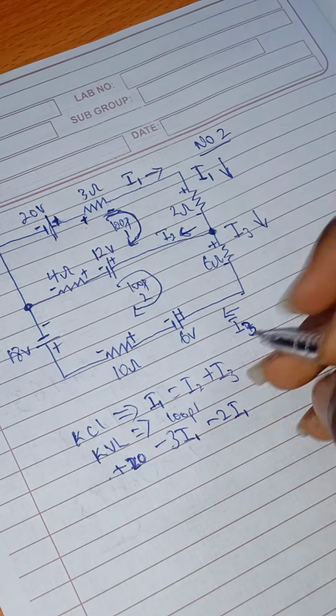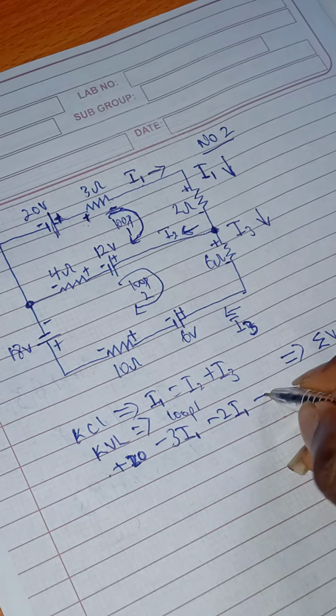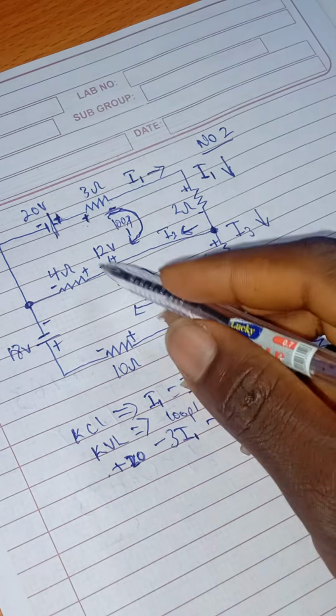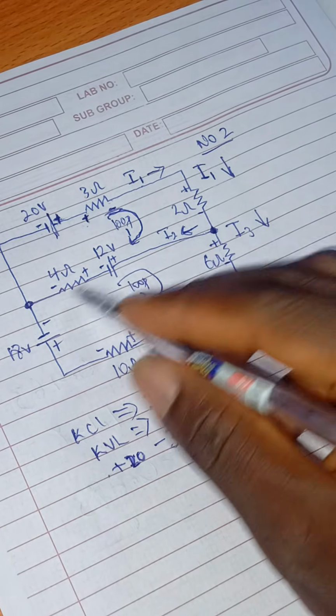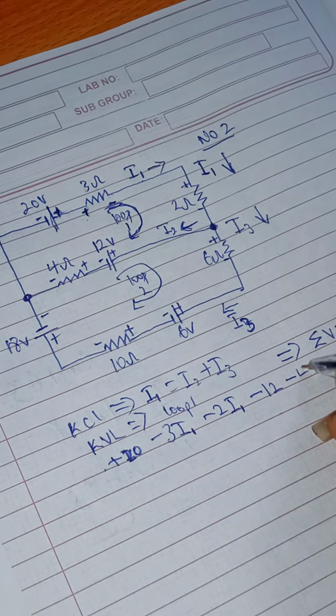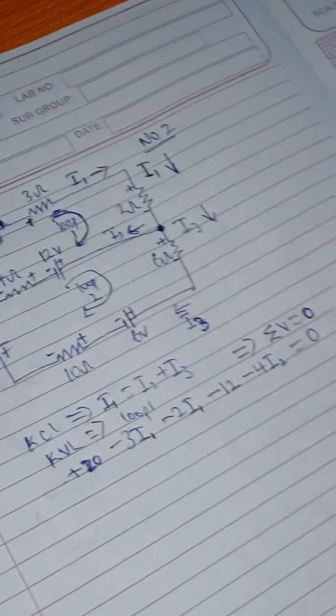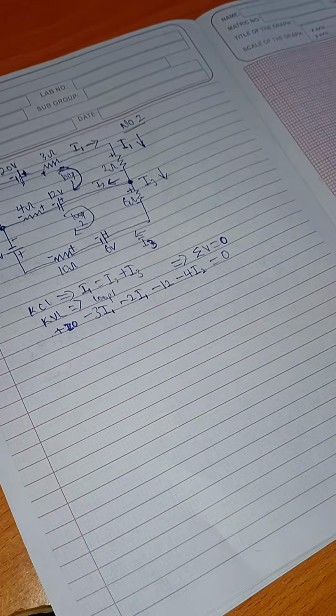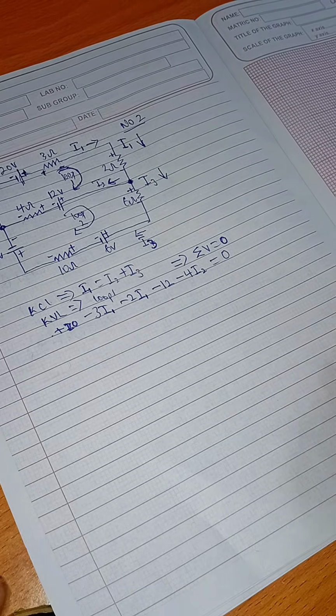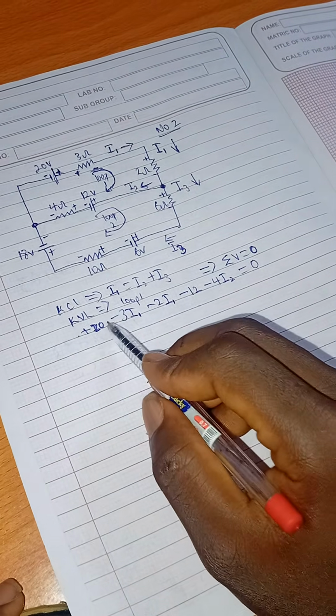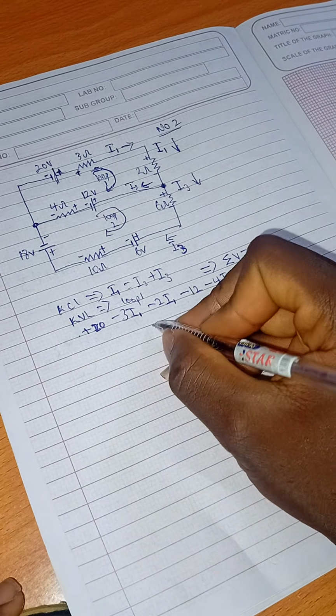But we have this voltage first. It's dropping, plus to minus, minus 12 volts. We have plus and minus, I2 passes through here, so minus 4I2, equals 0. Are we clear with that?